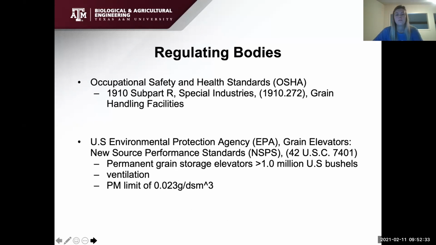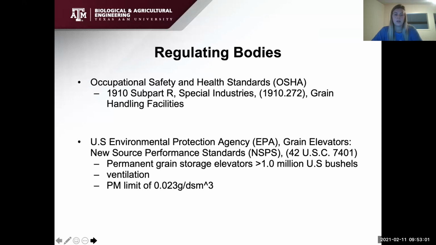This is OSHA, specifically subpart R. It's specific to grain handling facilities, and what it touches on is that companies have to have something implemented within their facility that helps with these emissions, making sure they're acknowledging and trying to mitigate the release of these dust emissions.